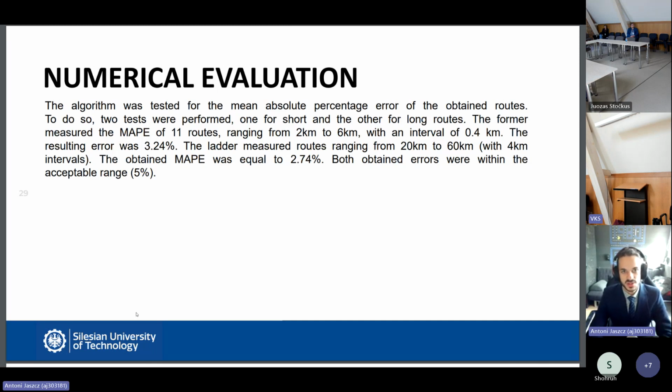And as for the numerical evaluation of the algorithm, we tested it on short and long routes against mean absolute percentage error. And in both cases, the resulting error was below the estimated maximum of 5%.